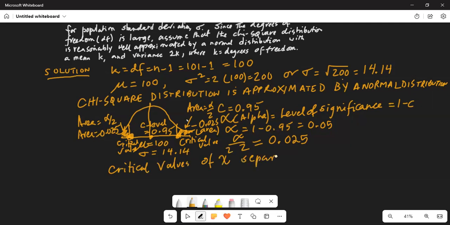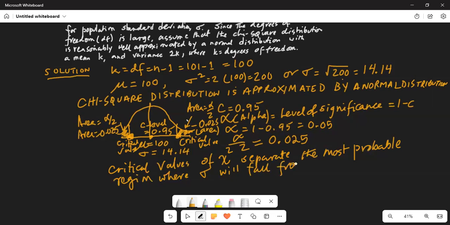They separate the most probable region, where sigma will fall, from the least probable region, where sigma will not fall, and these are in the two tails.